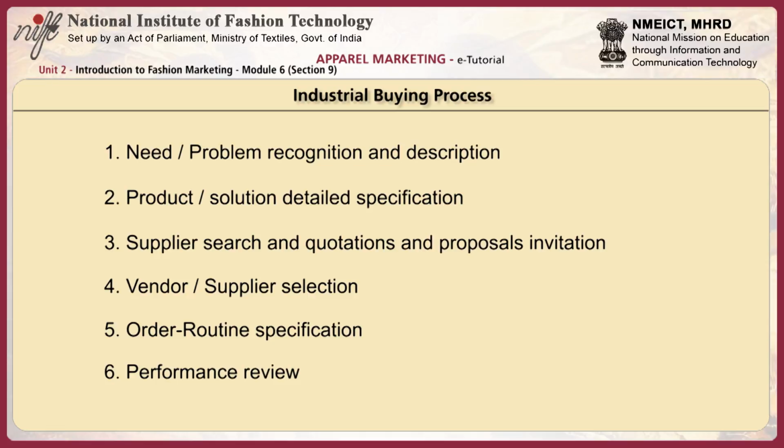Then the next stage, that is third step in the process, is supplier search and invitations for quotations and proposals. Then a search for new and external supplier search is done.